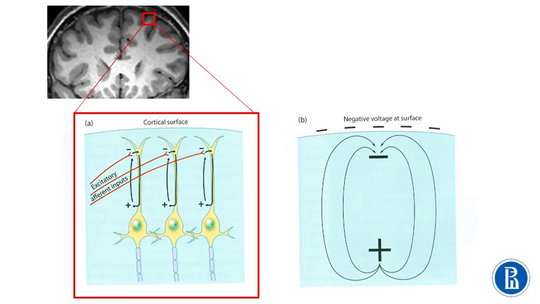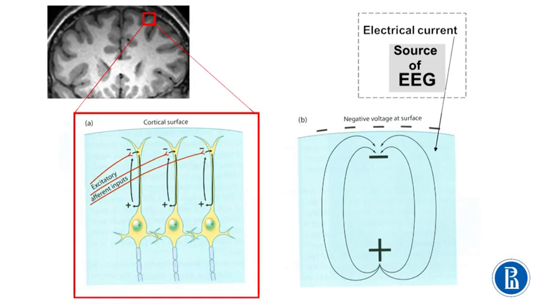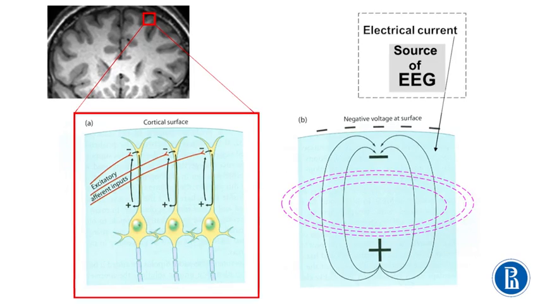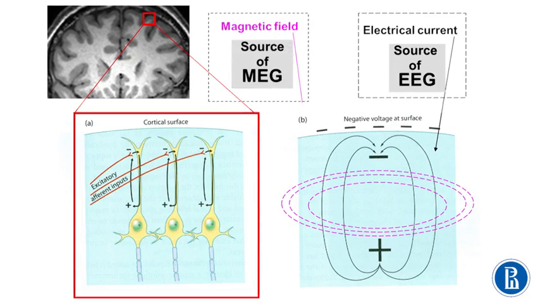This difference induces local electrical fields that can be recorded even outside of the brain using EEG sensors, EEG electrodes. So the EEG method is sensitive to the electrical local currents induced by active neurons, by large groups of neurons. These local electrical currents also induce magnetic fields, and these magnetic fields can be detected by the MEG method.